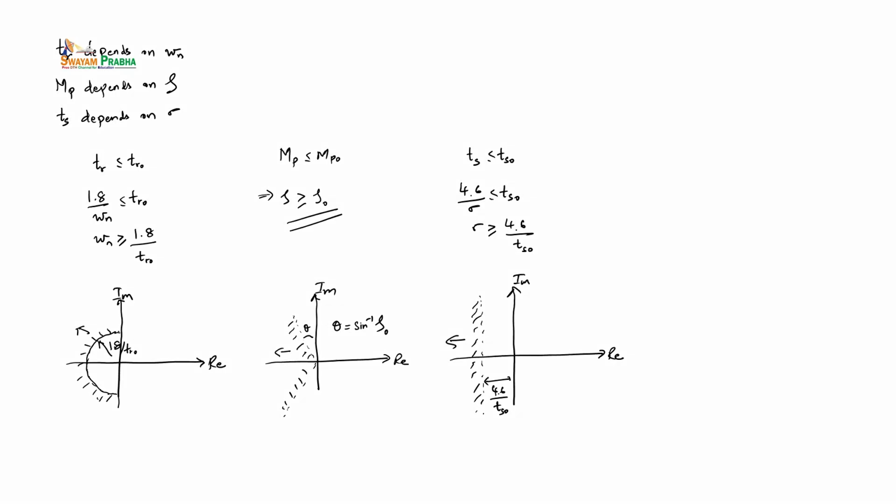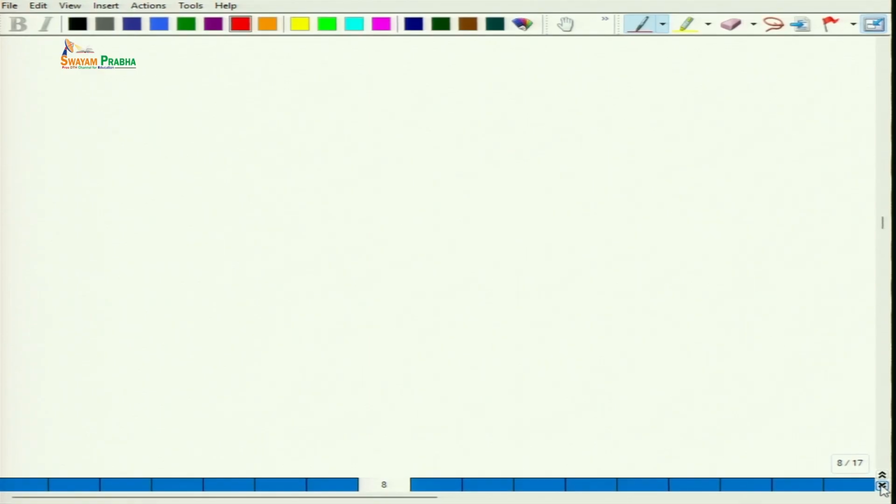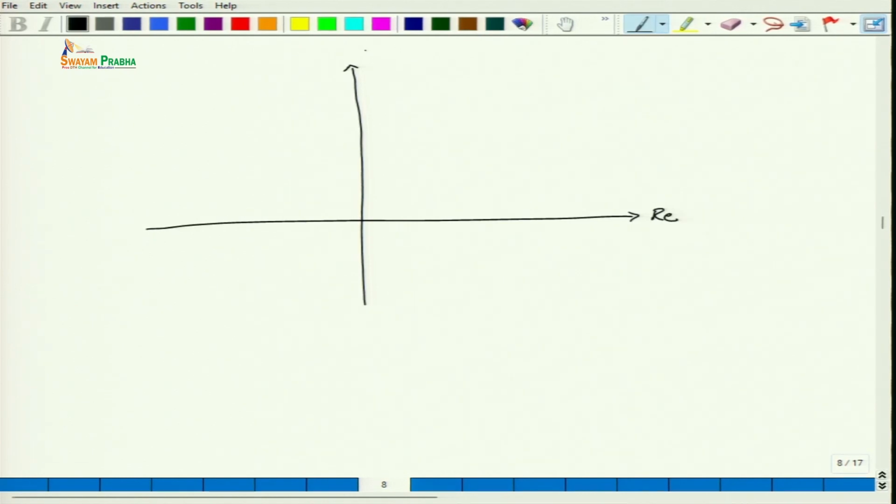But now you are not given this specification one at a time, but you consider all these specifications together. In that case, you will have to consider all these specifications together, and what we will get is basically a composite diagram of all of these.